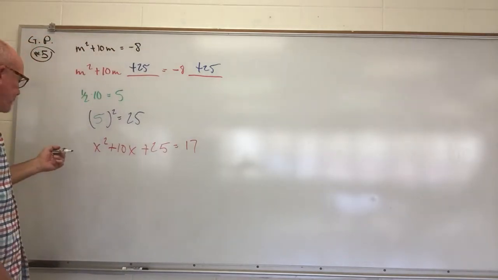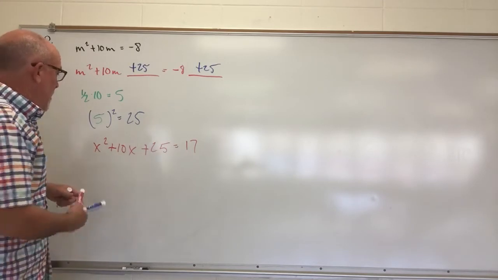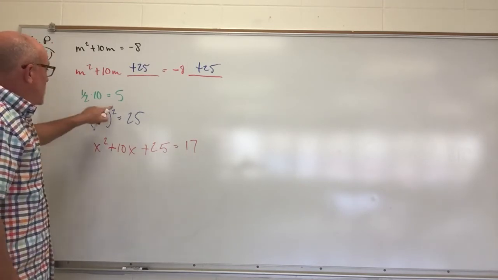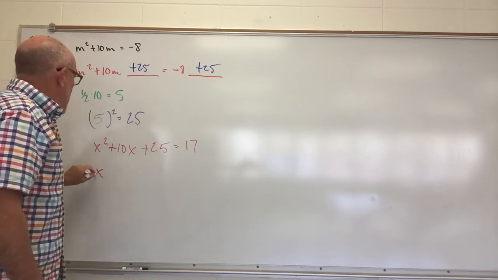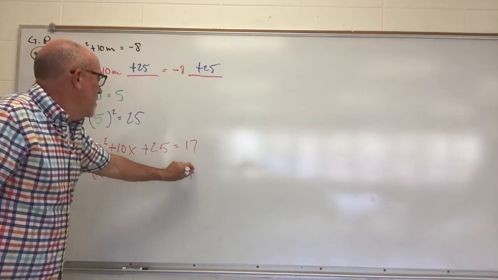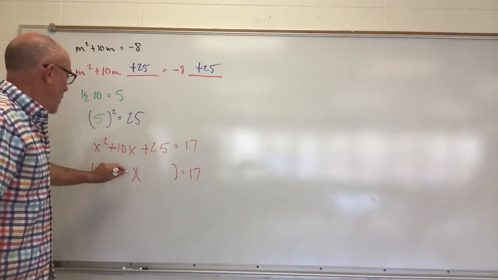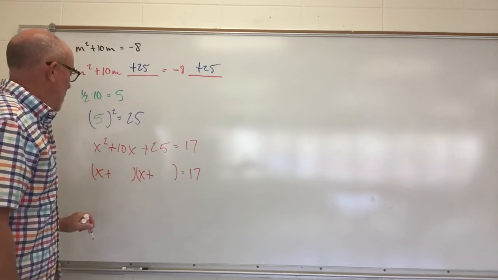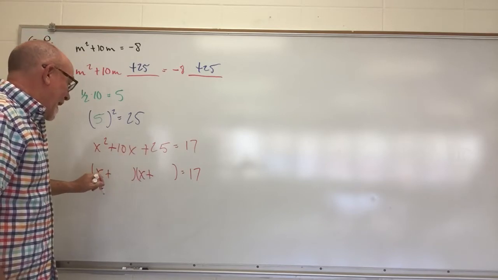What I'm interested in is taking this and seeing if I can factor it, which I can now, because this is always going to be what's inside the parentheses. Now note, this time I have a positive product and a positive sum, so they're both going to be plus this time. Square root of 25 is 5, and 5 plus 5 is going to add to 10.